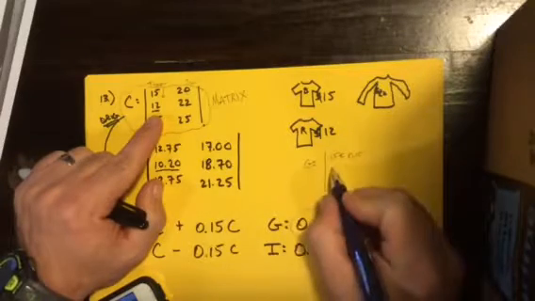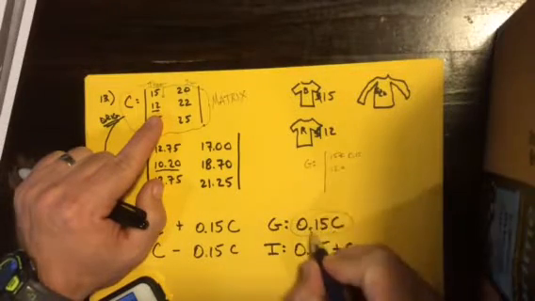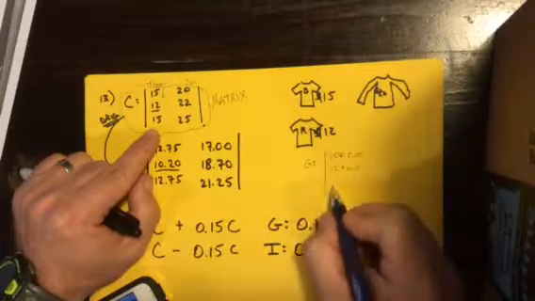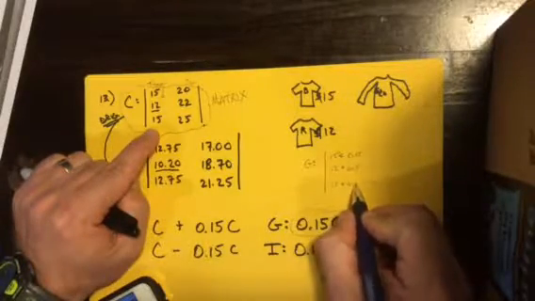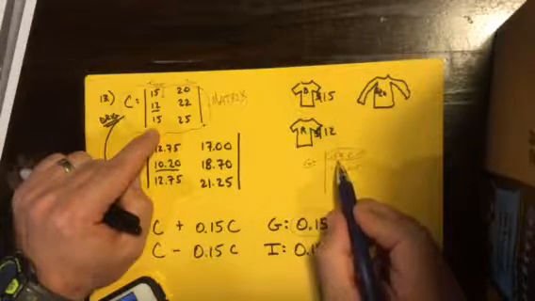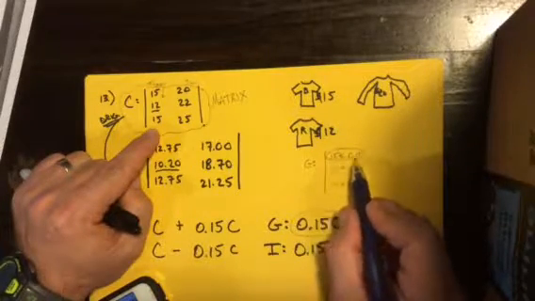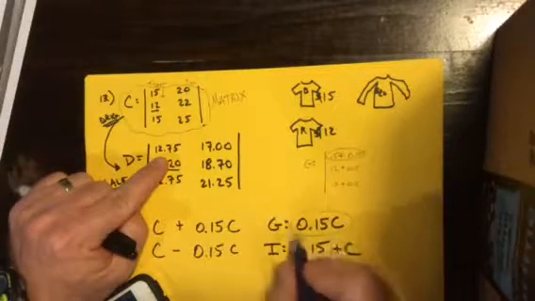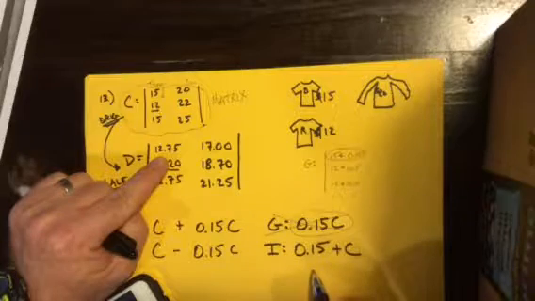And then I take my 12 and I multiply by 0.15. And then I take my 15 again and I multiply by 0.15. Well, doing some basic arithmetic, you can tell pretty quickly that 15 times 0.15 is nowhere near 12.75. So you get rid of that answer.